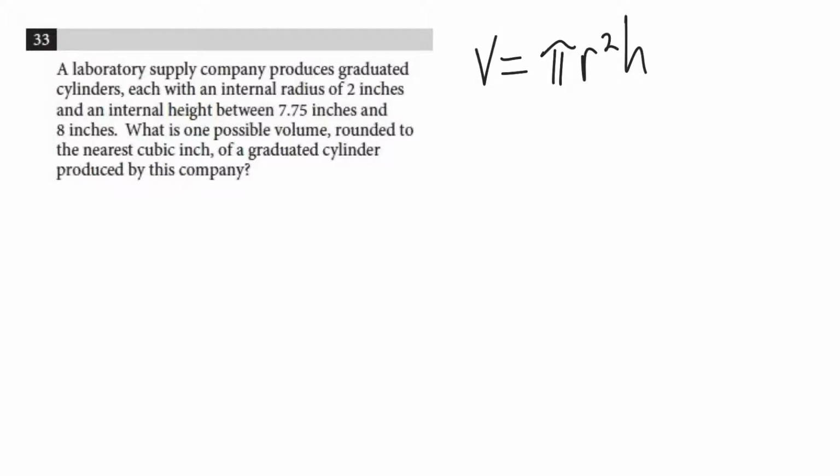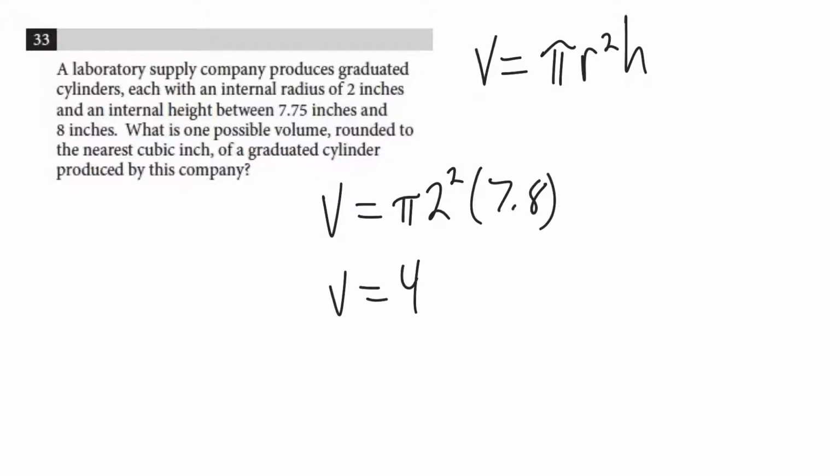So in this case, one possible volume is going to be pi r squared times the height, and it's between 7.75 inches and 8 inches, so let's say 7.8 inches. Okay, so the volume equals 4 pi times 7.8. At this point, I think you can just type that into your calculator.